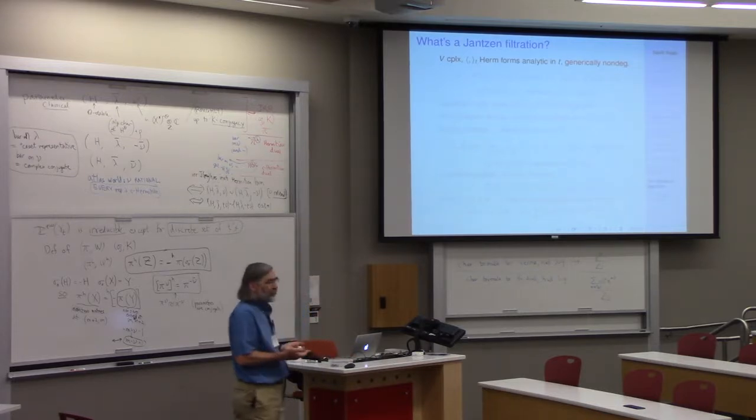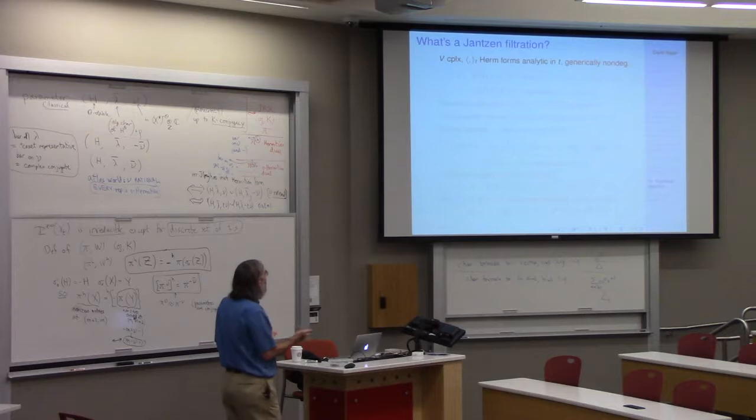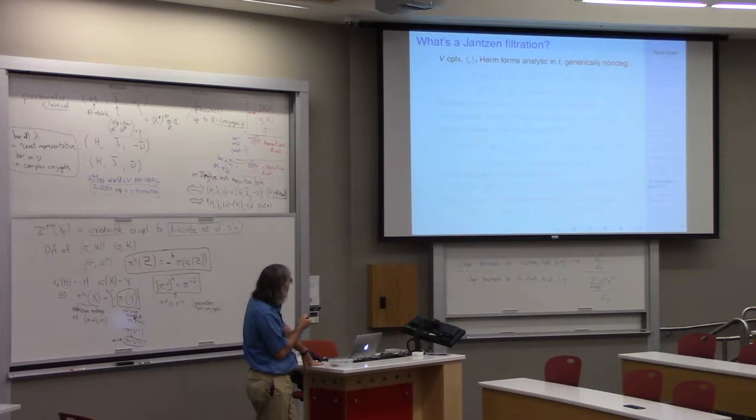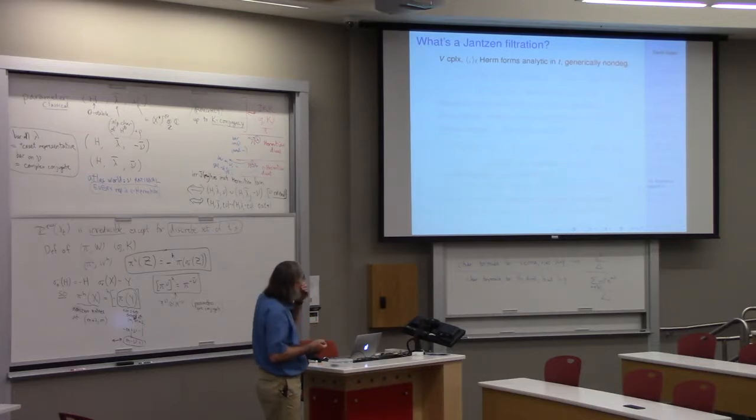I have a finite dimensional complex vector space and a one real parameter family of Hermitian forms that's depending analytically on this real parameter. And I want to say that generically it's non-degenerate.